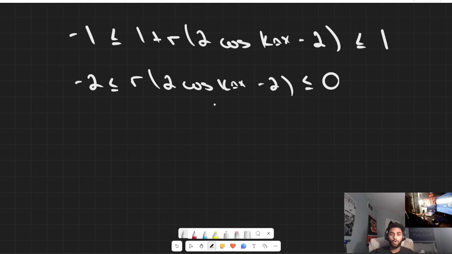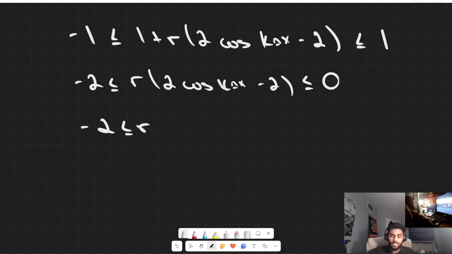Now, we know that there are two extremes for cosine. We either have cosine 0 is 1 or cosine pi is minus 1. So what's the best way to go about this? I think we set this equal to pi and we'll get an extreme there.